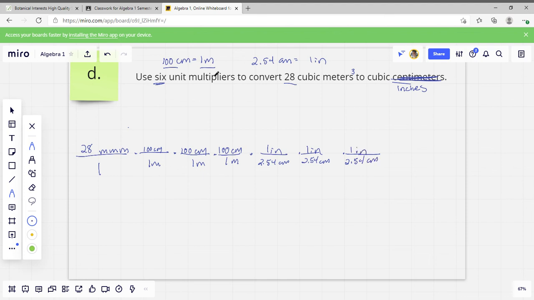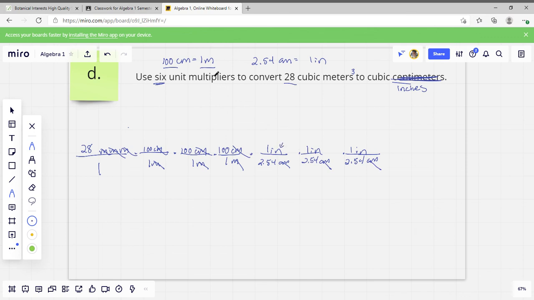Okay, now we can cancel these. And we can cancel centimeters with centimeters, all the way across. And now the only unit we have left is inches. We got it 3 times.